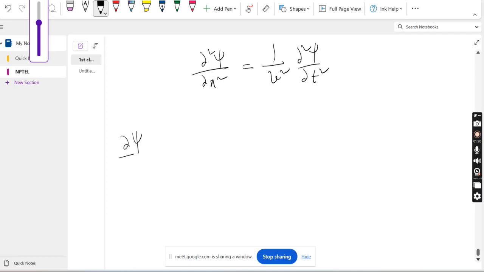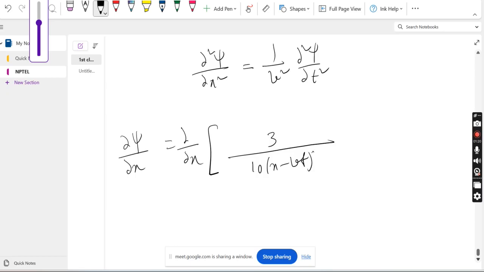First we calculate del psi by del x, which is del by del x of 3 over 10 x minus vt whole square plus 1. Please read the differentiation very carefully.